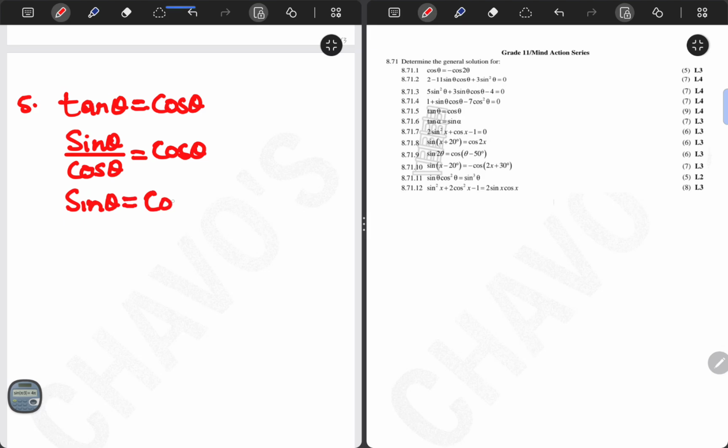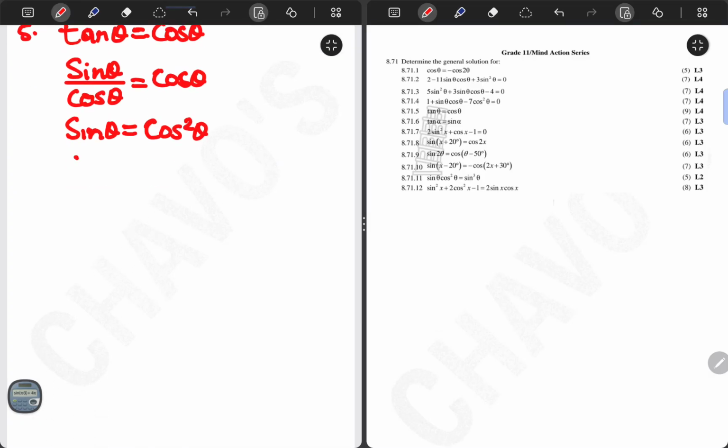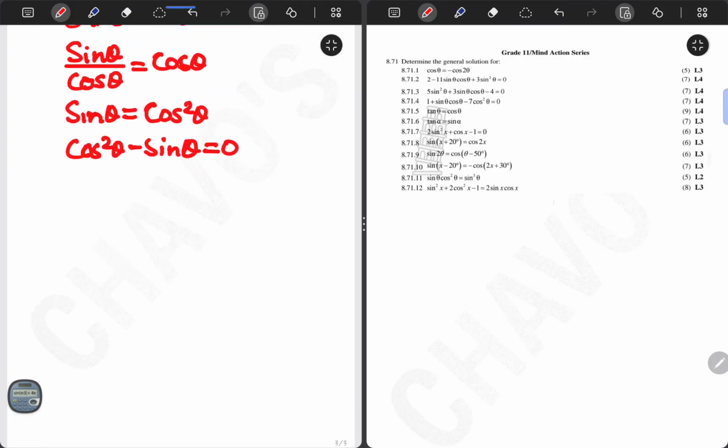So I could have this cos square. After that, I'll rewrite it nicely. That will be cos square theta minus sine theta equals to 0. Then from there, I will apply square identity to say this is 1 minus sine square theta minus sine theta equals to 0. I'll have to rewrite this nicely.